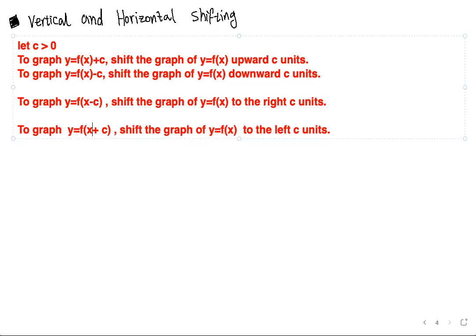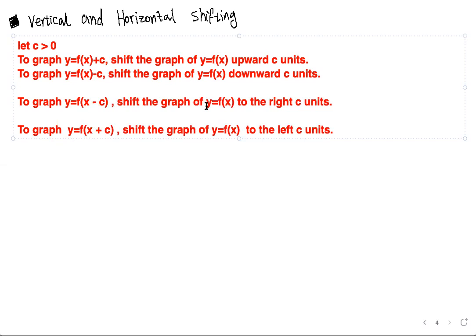So now it's right. For positive, to the left, okay? For negative, to the right. So now it's right. So x minus c, we shift it to the right c unit. If x plus c, we shift it to the left c unit.